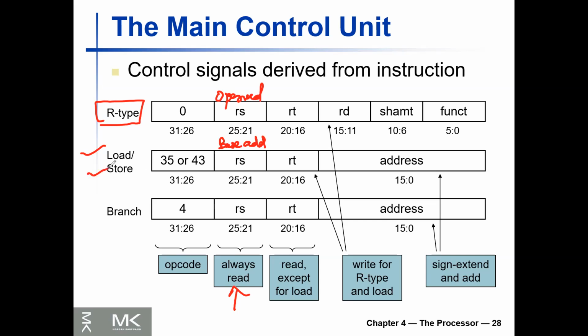In case of store, what do we have here again? Base address, right? Here in branch, what do we have? Operand. So everything is in register here. So what are we doing always? Read. Always read. Understand now?